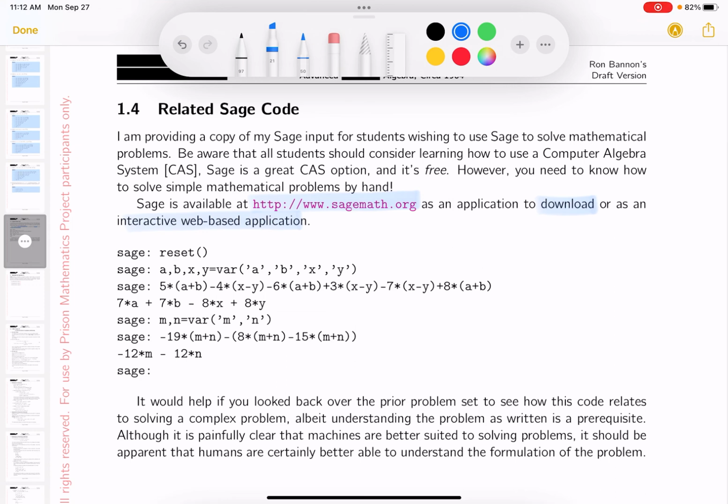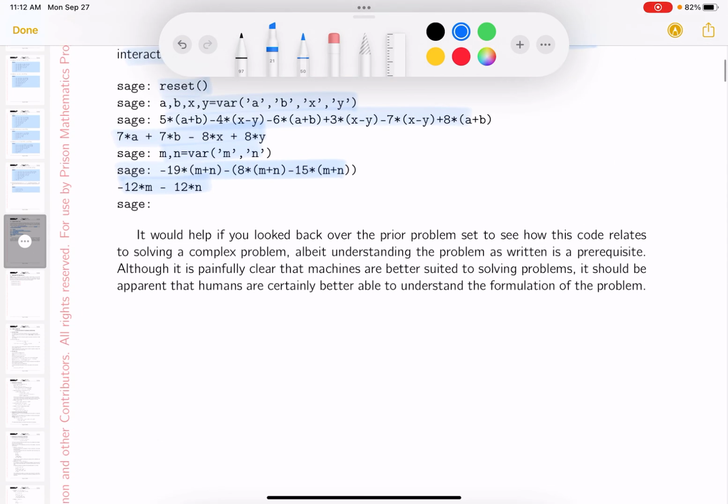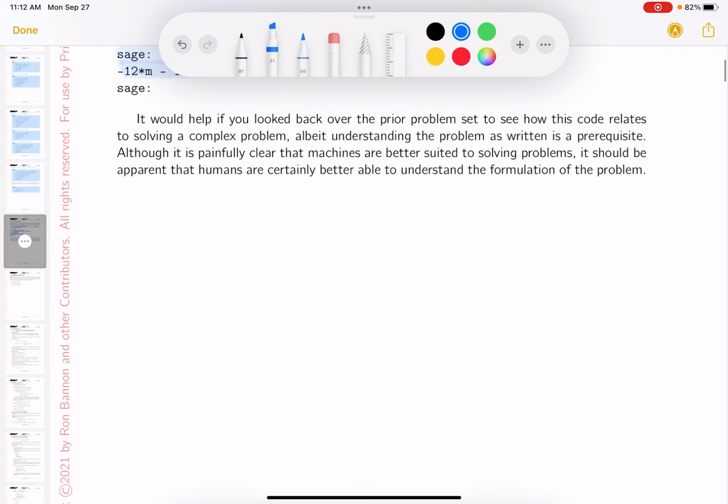And if you do, you may want to see how digital computers can deal with problems. If you looked at my preliminary videos, you'll notice I went through this one using Sage, both as an interactive web-based application and as an application on my computer. So hopefully you've paid some attention to that, and you're going to work through exercise 1.